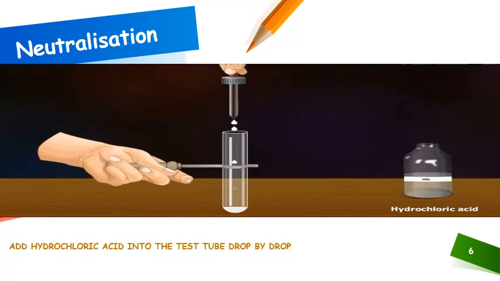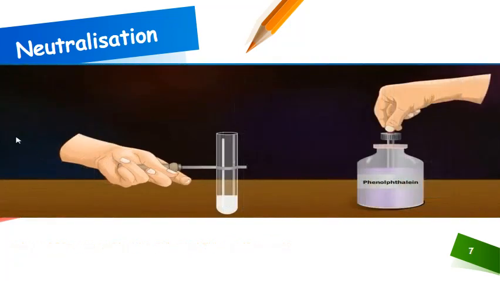So what we have to do? We have to add the hydrochloric acid into the test tube drop by drop. How much have we taken? 10 ml. Good. 10 ml you have to take in the test tube. After taking the hydrochloric acid, what is present in the test tube? Hydrochloric acid.